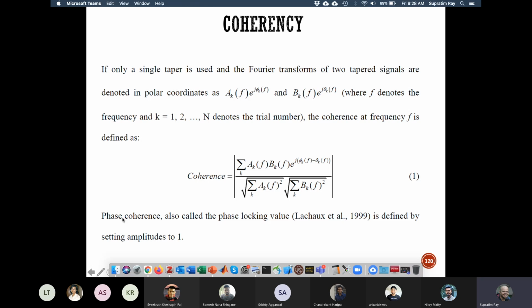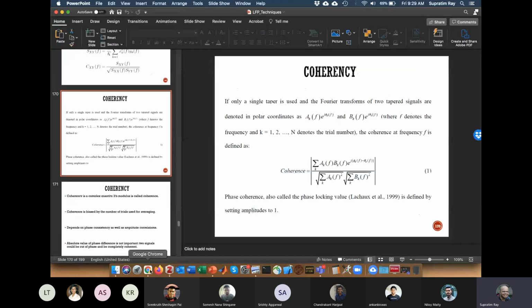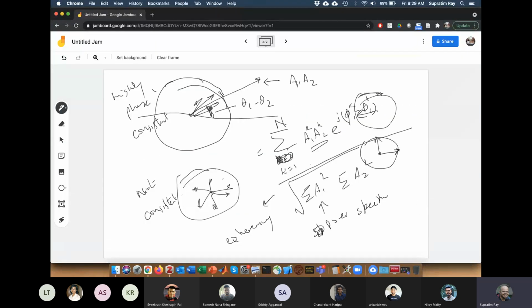So another concept that is often used, if you don't want to deal with the amplitudes, is you set all the amplitudes to 1, which means that each of these vectors is just set to 1. You say, okay, I'm not going to care about the fact that the amplitudes are different across trials.